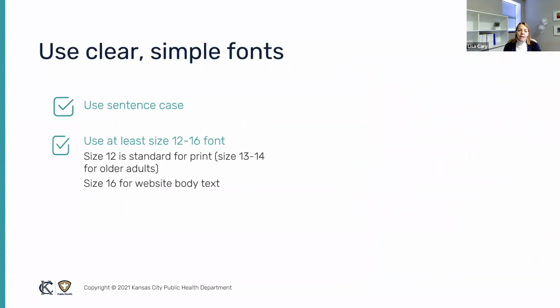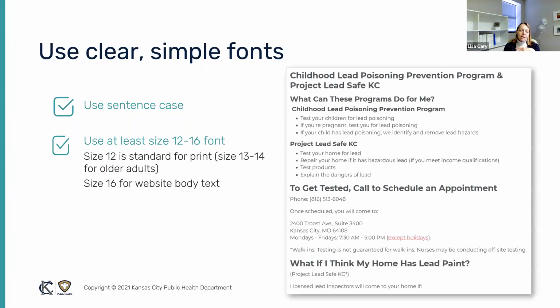Another one, when it comes to fonts, use sentence case instead of all caps, or title case where every letter is capitalized, or almost every word is capitalized. We see that a lot in headings. Use at least a size 12 through 16 font, maybe a little bit bigger for older adults.